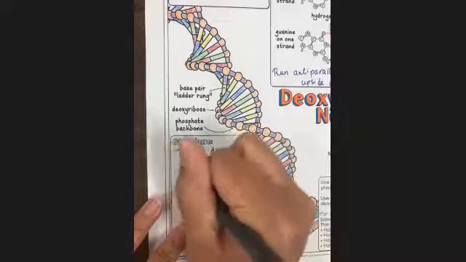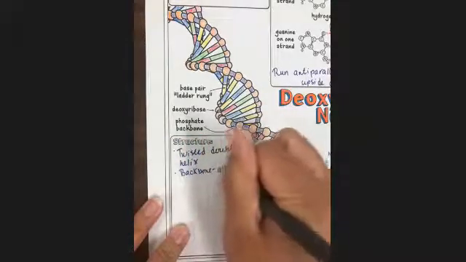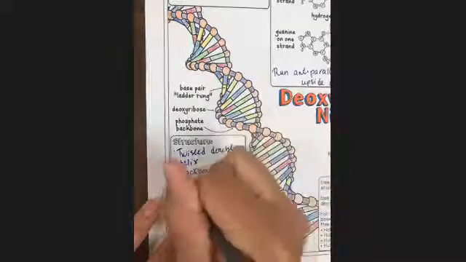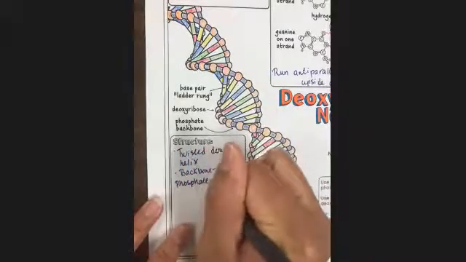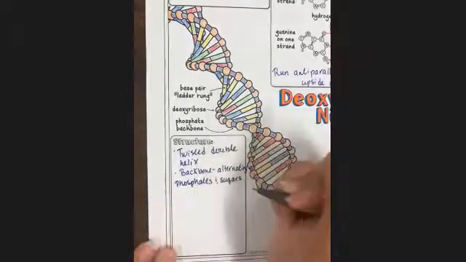The backbone is alternating phosphates and sugars. Remember, the sugar for DNA is deoxyribose.